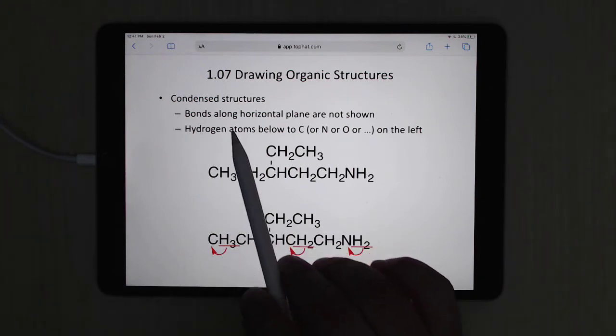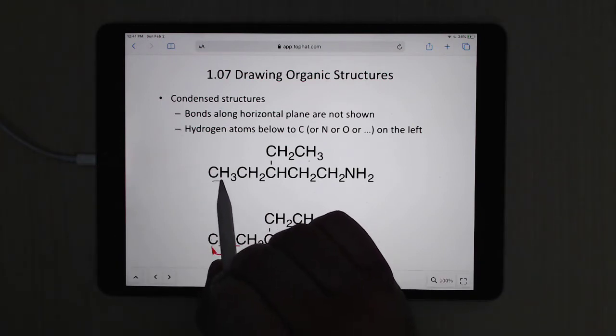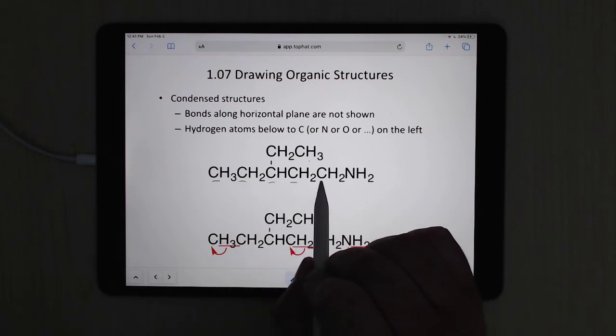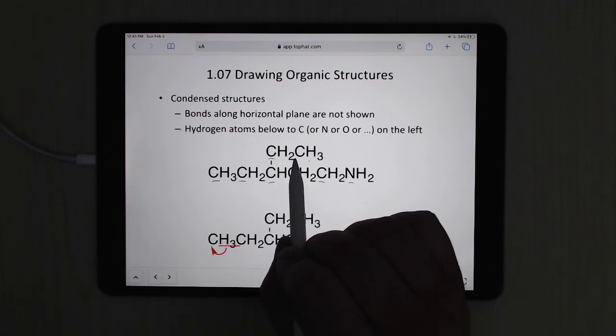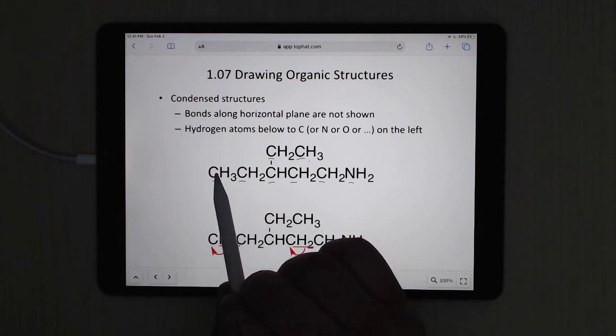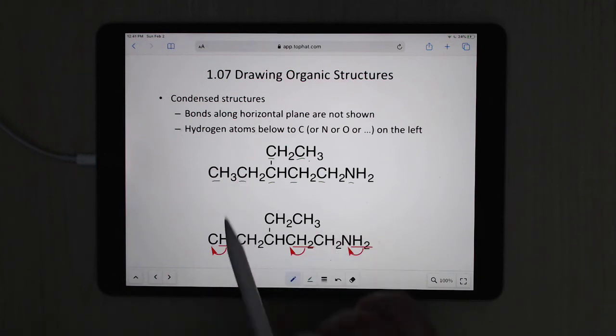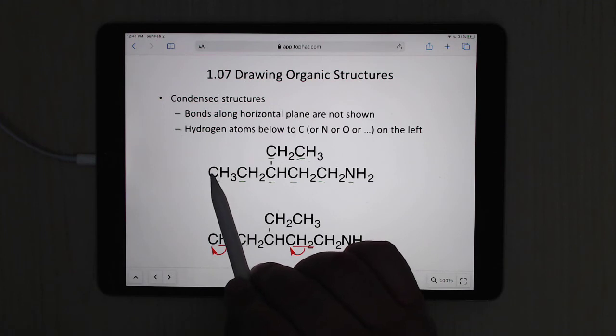But for condensed structures, instead of having to draw out all of the bonds, we're going to make some assumptions. These are the core carbons, the big atoms here. We assume that if there's not a bond shown, it's a single bond, and that the things listed after it are bonded to it.